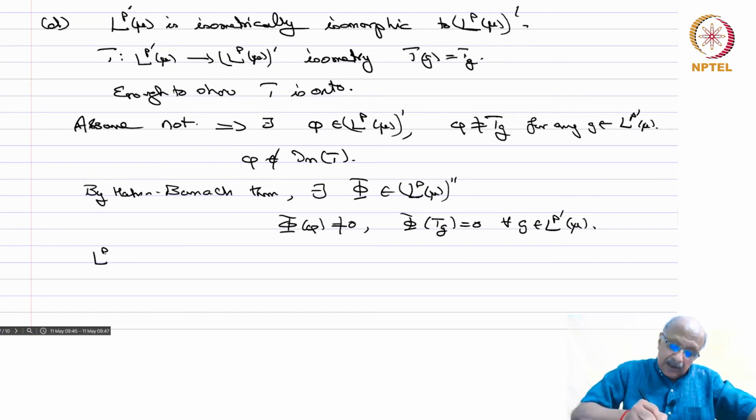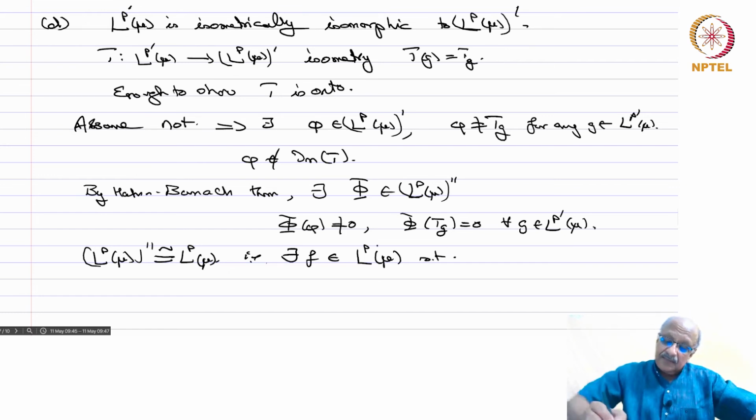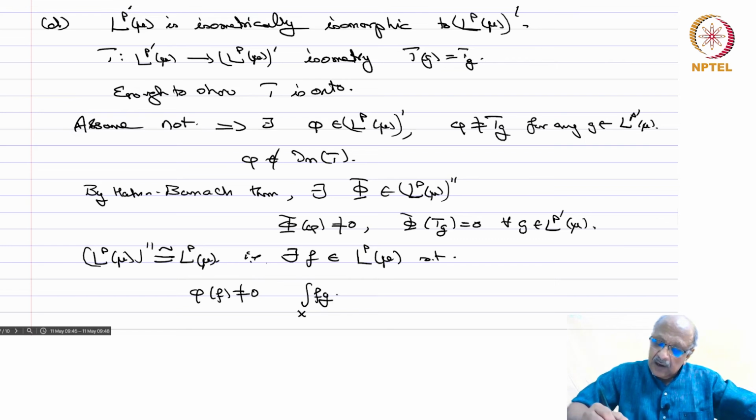But L^p(μ)'' is the same as L^p(μ). That is, there exists an f in L^p(μ) such that φ(f) is not 0, but the integral over X of fg dμ equals 0 for all g in L^p'.